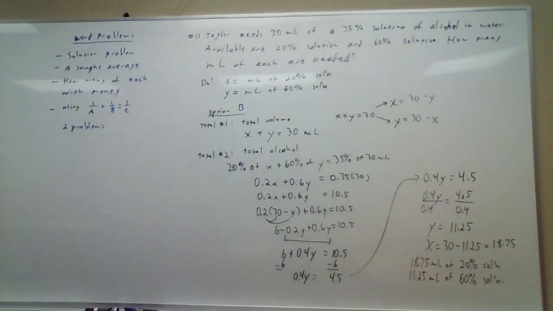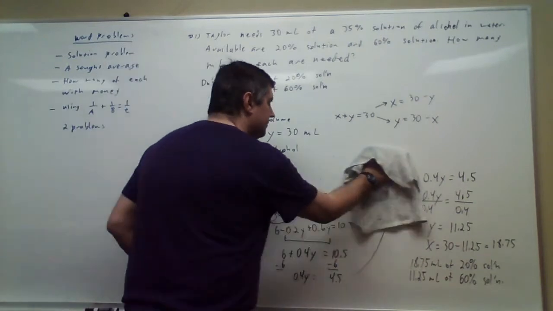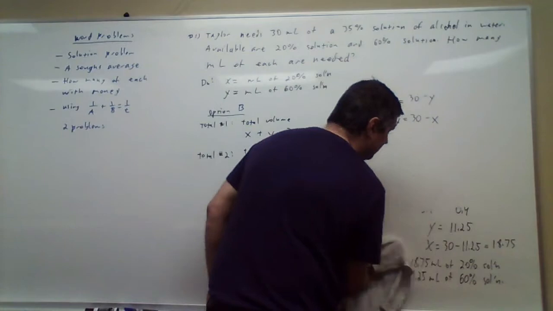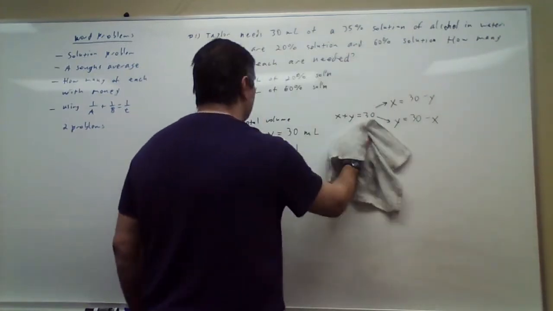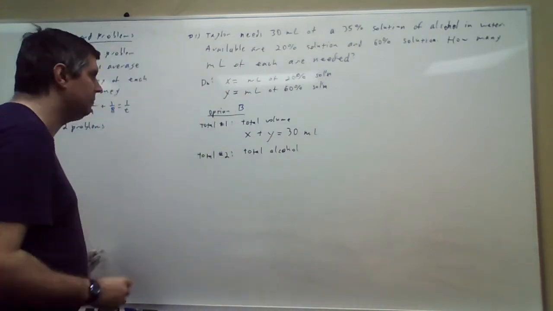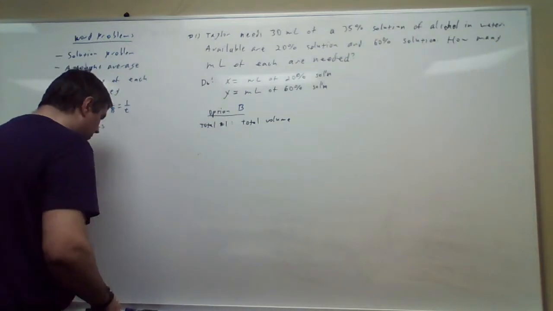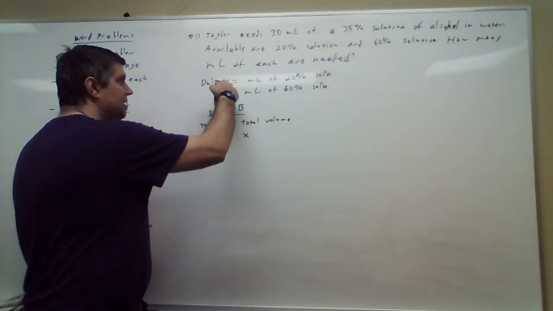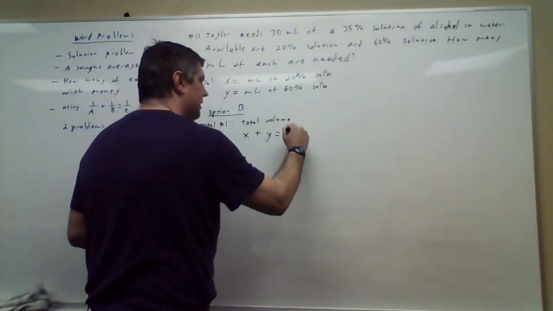Okay? So what I'll do is I'll do this again. Option B would do the same up to the substitution step. So let me go ahead and erase all this, and I'll pretend to start all over. Okay? So total number 1, total volume. This amount plus this amount would have to equal 30 milliliters total.